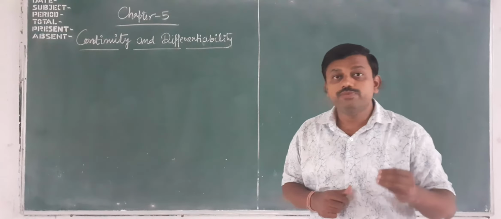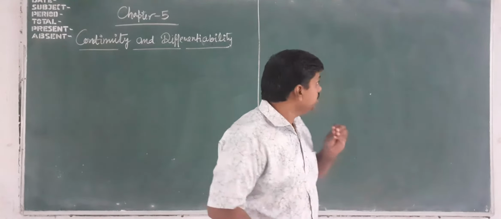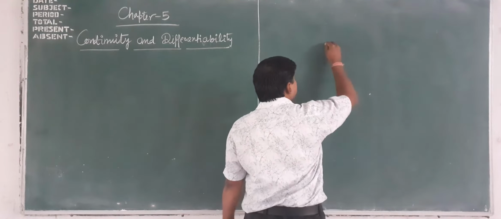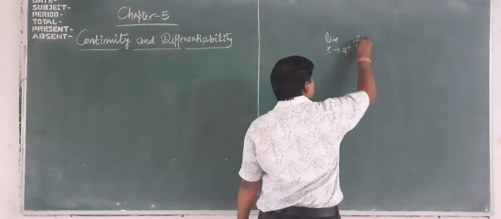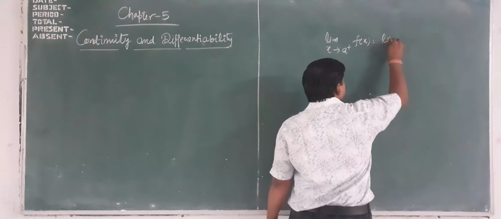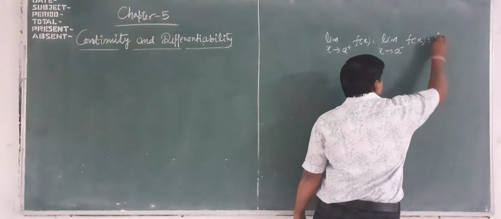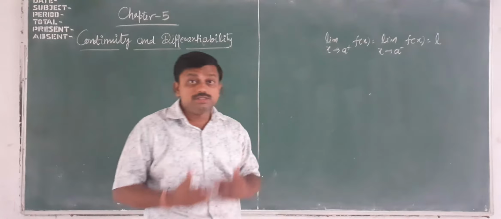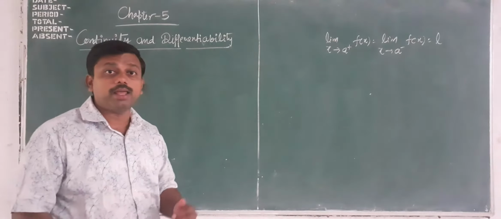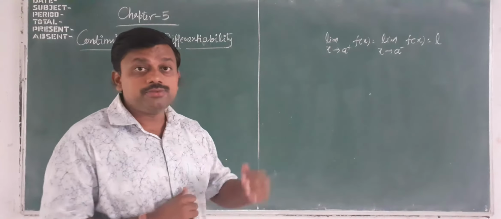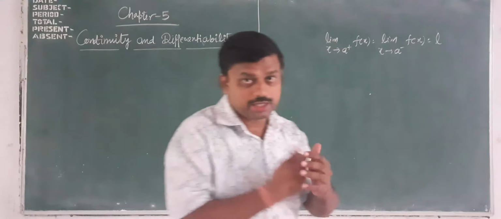So in class 11 we have already discussed that the limit of a function will exist if limit x tending to a plus f(x) equals limit x tending to a minus f(x) equals L. It means that if the left hand limit and the right hand limit of the function both exist and are equal, then the limit of the function will exist, otherwise it does not exist.